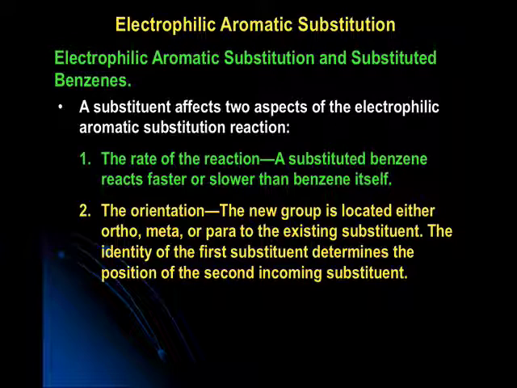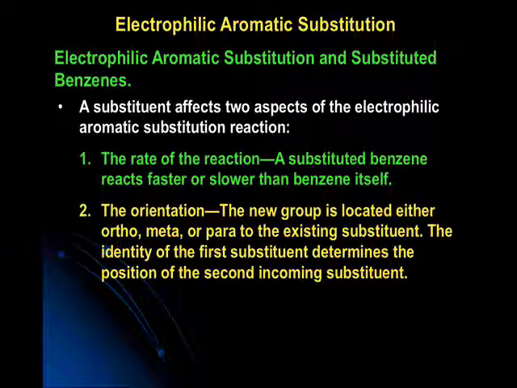So that one would be what? And para. Would we get them all in equal amounts? We will not. It depends on what kind of group that is already on benzene.